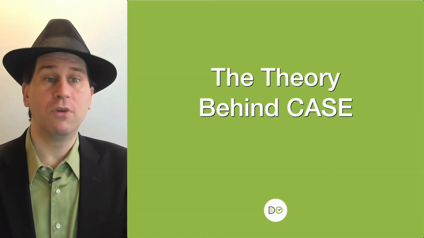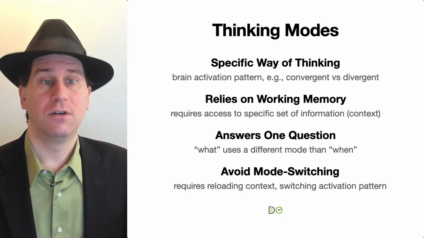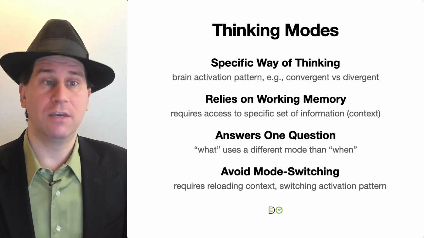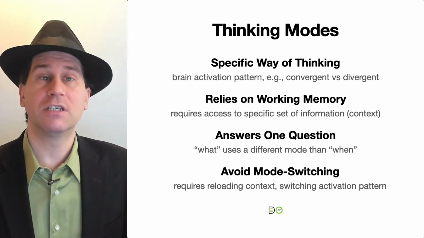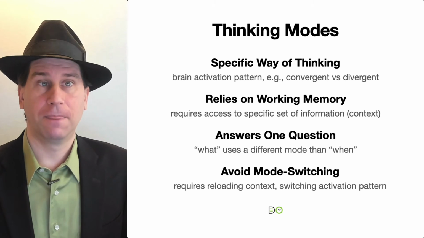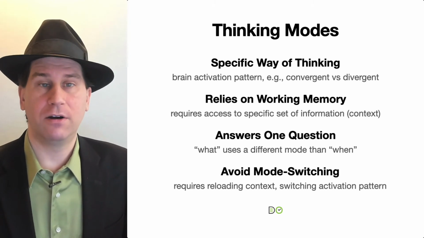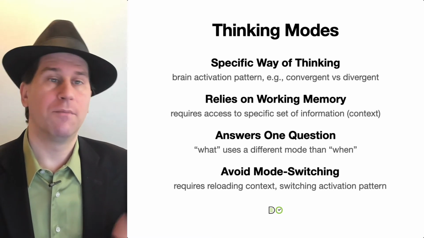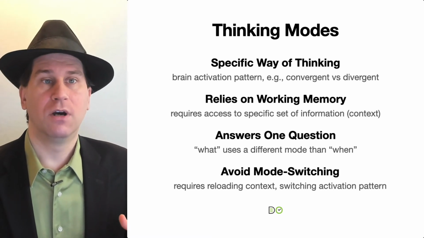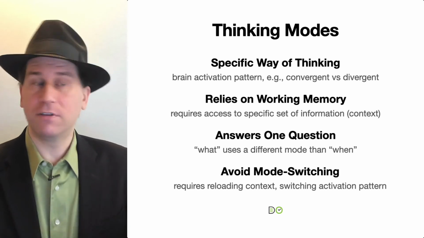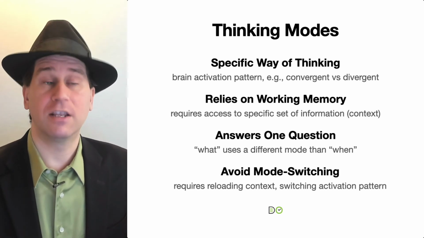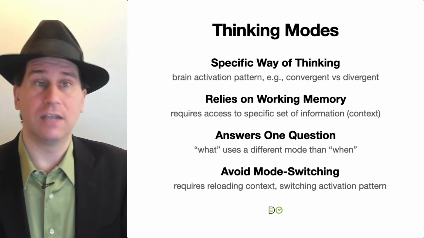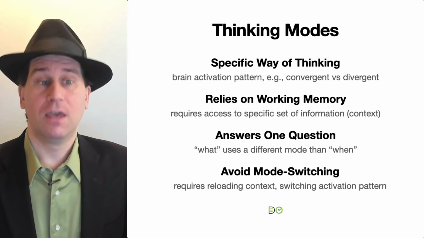So let's go through the theory behind CASE. First of all is thinking modes. A thinking mode is a specific way of thinking. Think of it as a brain activation pattern. So convergent versus divergent thought. In one case, I'm brainstorming, trying to think of as many different ideas as I can, that's divergent, and then I'm trying to analyze, that's convergent, right?